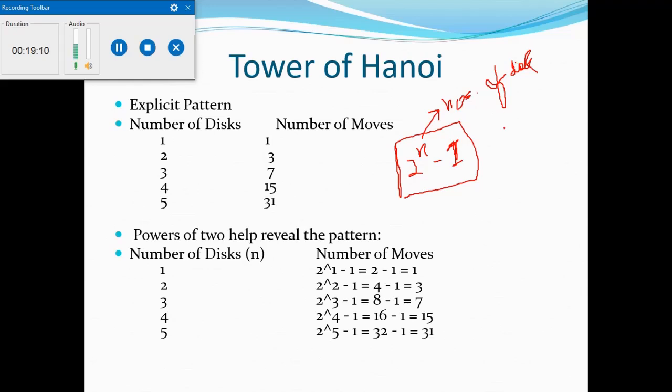Okay, so this is the idea. So here, for example, you are looking for n is equal to 3. So 2 raised to the power 3 is 8, minus 1, that is 7. You can see here, this is the way. For any number of disks you can directly solve, and that seems a better idea.